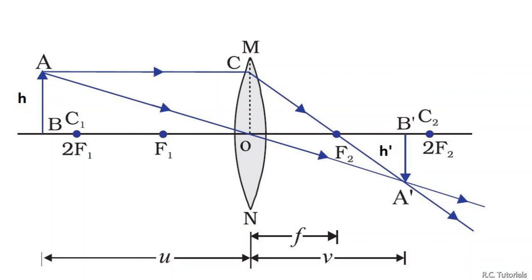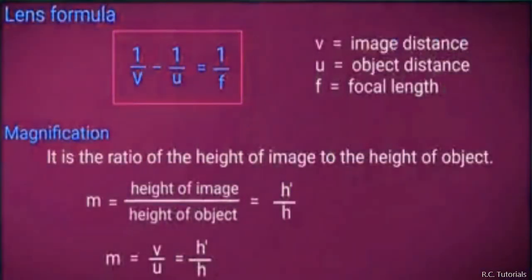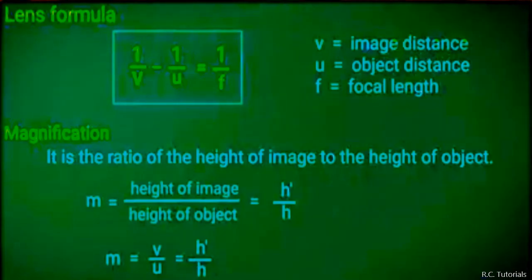Then we have lens formula 1 by V minus 1 by U equal to 1 by F, and magnification formula M equal to height of the image divided by height of the object, that is equal to H dash by H, or M equal to V by U equal to H dash by H. These are the 2 important formulas for solving numericals.